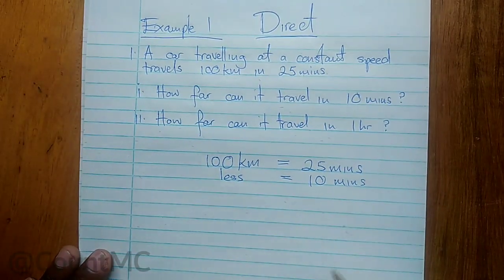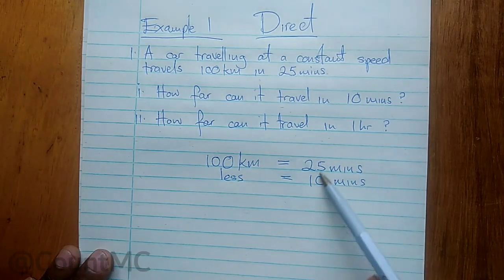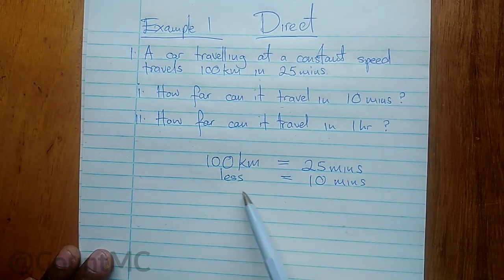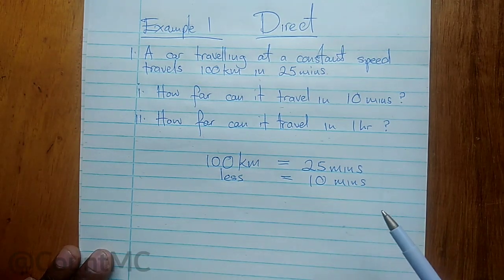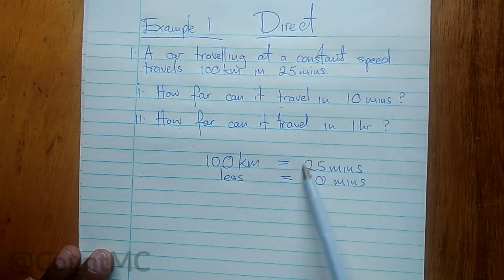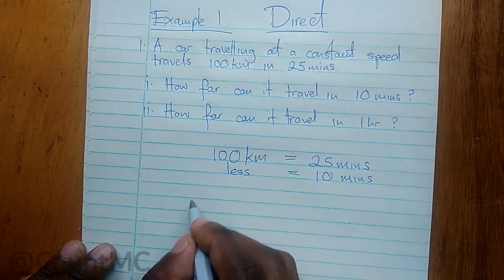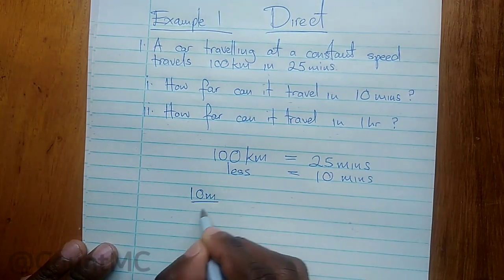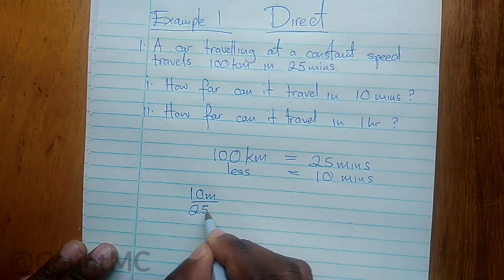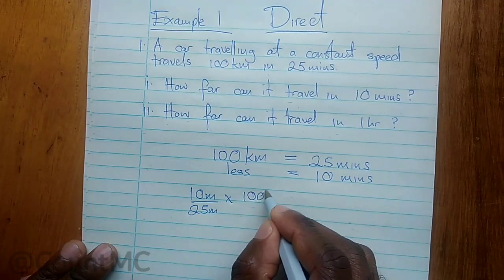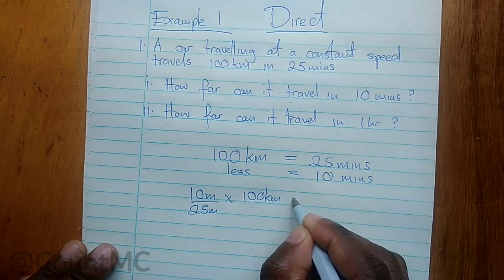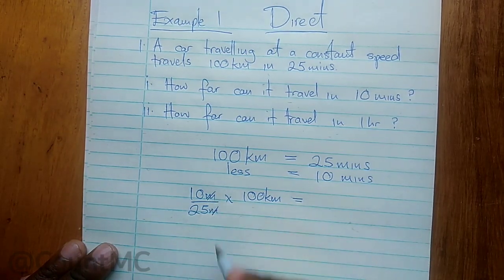So when you say less, you are going to create a fraction with these two. Less, it means the smaller number will go on top. More, the bigger number will go on top. Let's create a fraction here. 10 minutes over 25 minutes times 100 kilometers. Minutes and minutes will cancel.